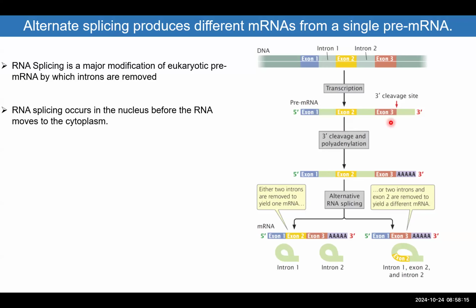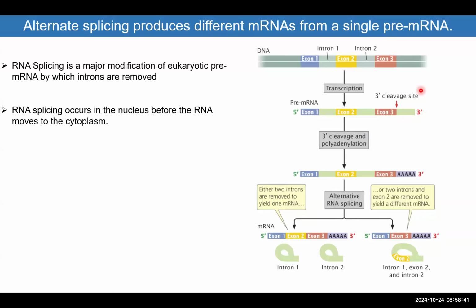Now this area, the site that is not needed, can be cleaved, as I showed you on the previous slide. It is polyadenylated, so there are a lot of A's so that it's protected from degradation. But what you can see here is that we can generate two different messenger RNA molecules from the same pre-messenger RNA.